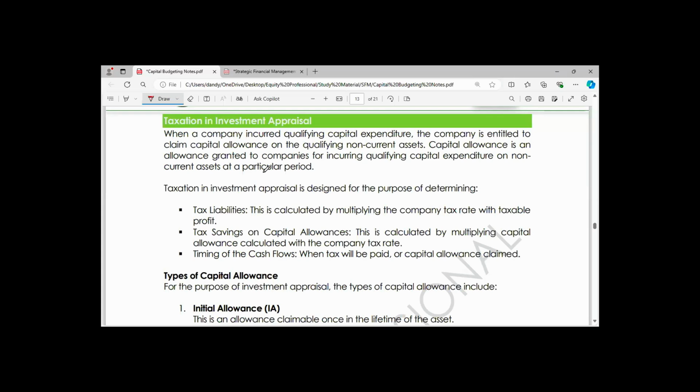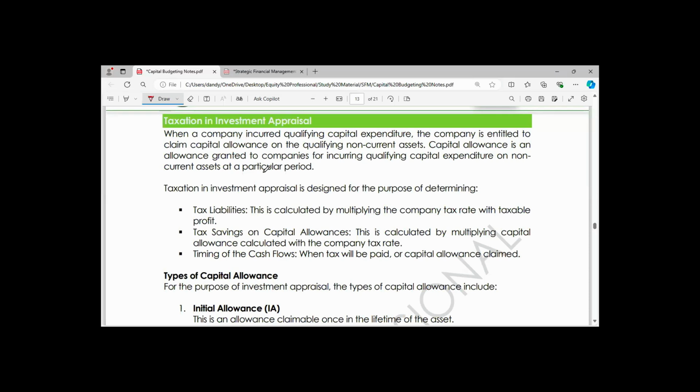You want to know how much tax will be paid on the cash flow generated by the project. Then two, to determine the tax saved on capital allowance. The essence of capital allowance is to reduce tax liability. You want to use capital allowance to reduce your profitability and in effect reduce the tax the company will pay. So that's the essence of calculating capital allowance.